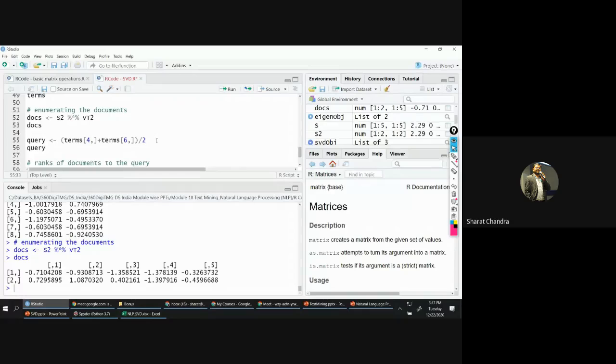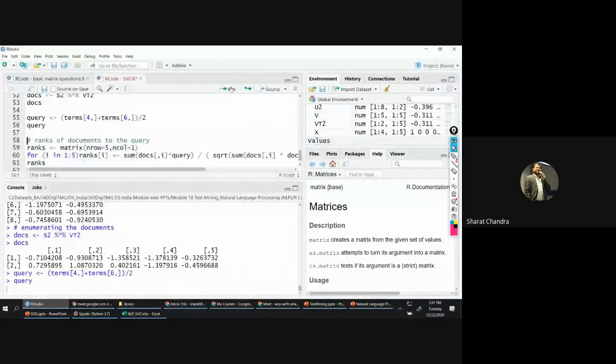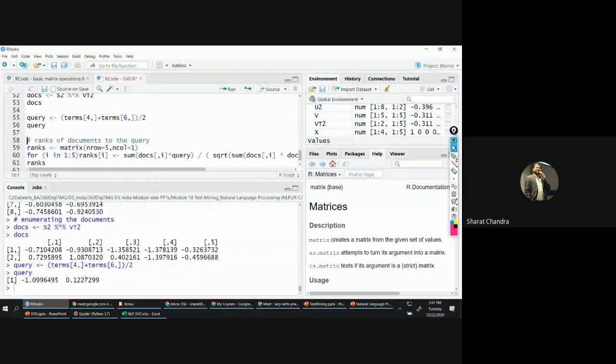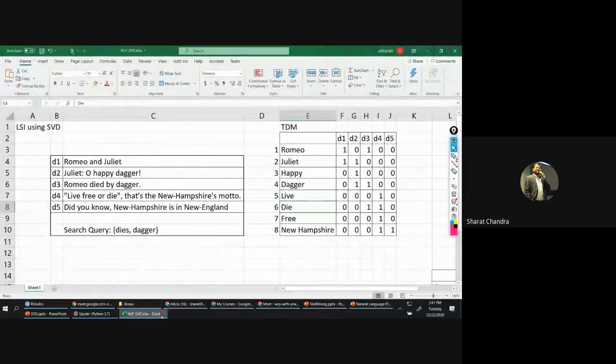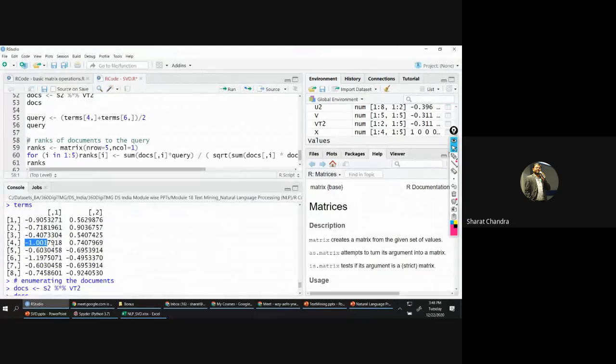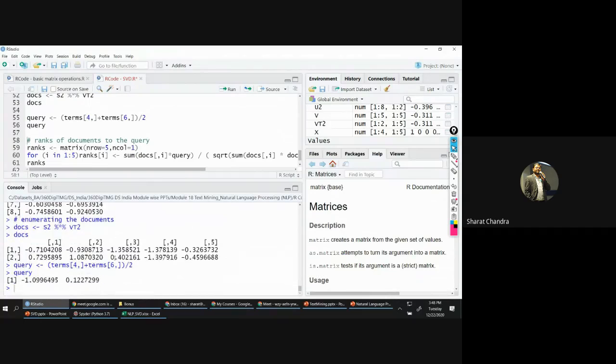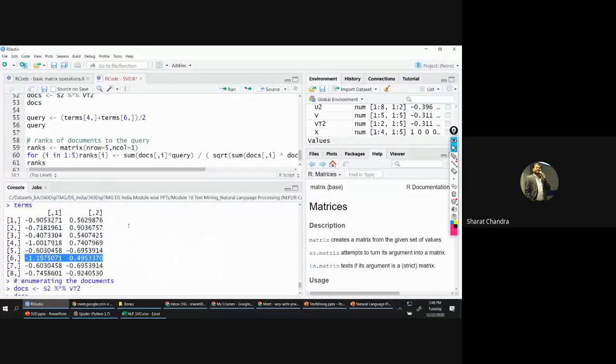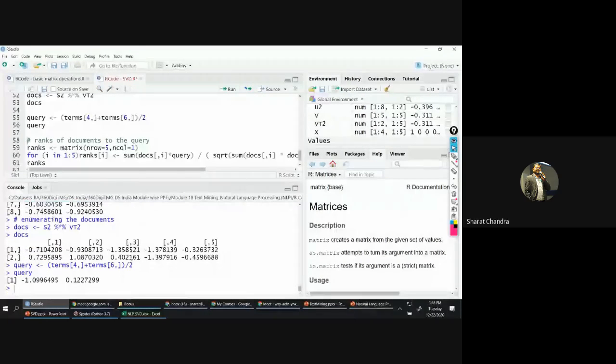This is your query result. You take terms, which is this data in the term document matrix. You take the 4th value and the 6th value and do the average of these two. You get this result.